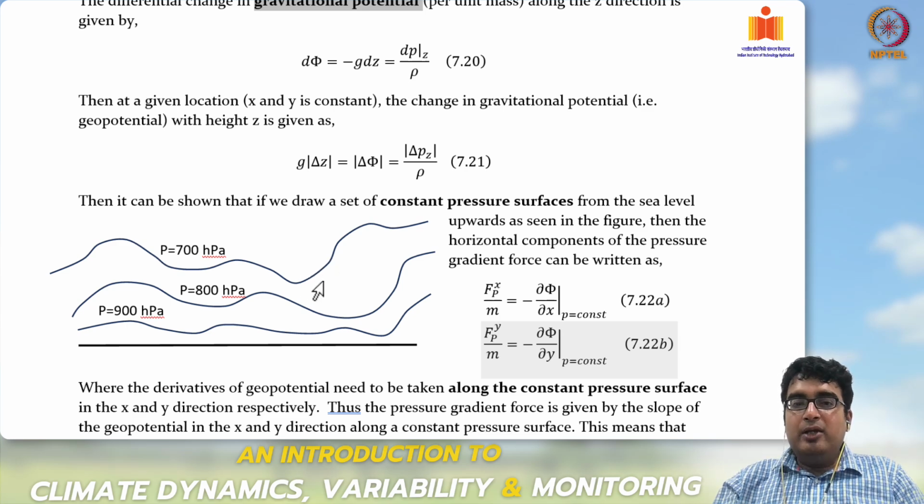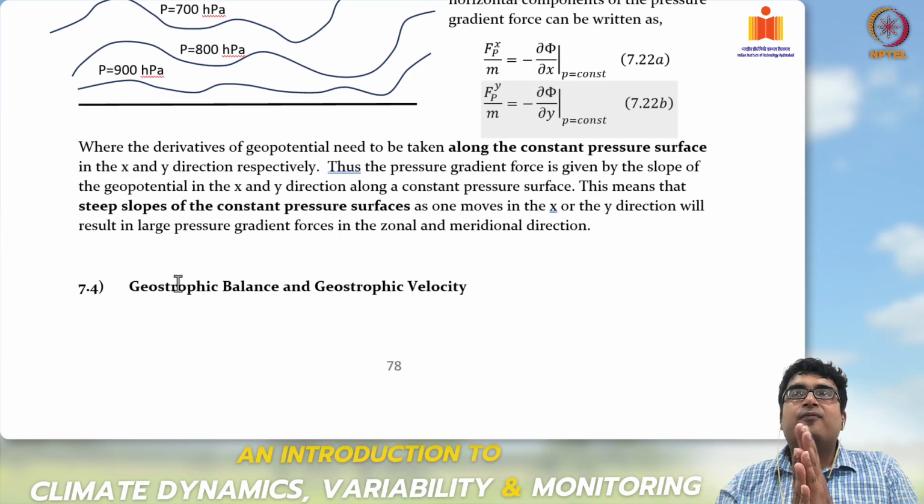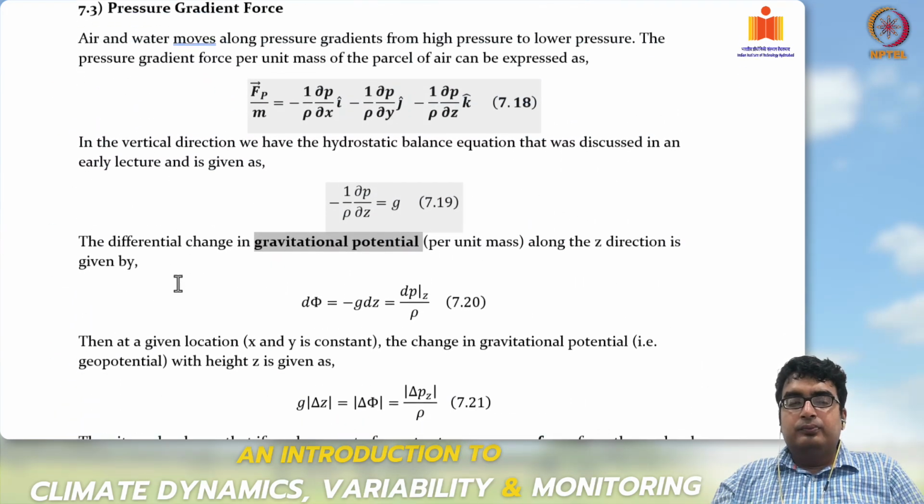So here your Fpx will be very large, whereas here it is horizontal, so dpx is not changing at all, so Fpx will be very small. Okay, so the slope of this isopressure surface gives you the magnitude of the pressure force in the x or the y direction. Okay. So in this way, this expression can be evaluated.